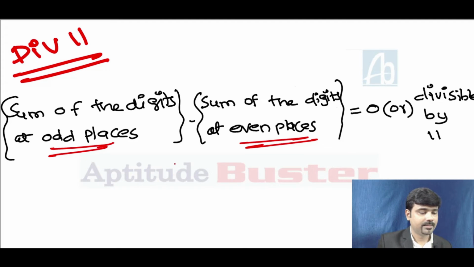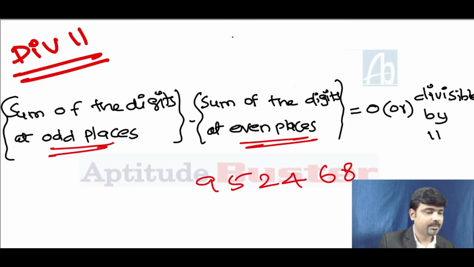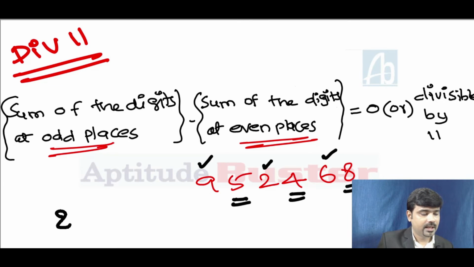For example, 9952468. If I take this example, I'll tell you which numbers are at odd places. 8, 4 and 5. These three are at odd places. 6, 2 and 9. These are at even places. Odd places sum 8 plus 4 plus 5 is 17.